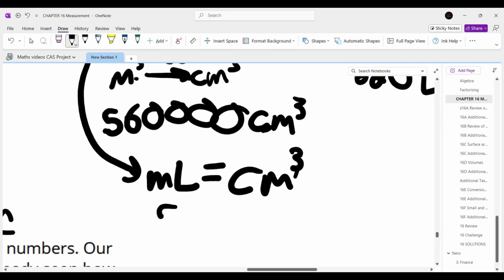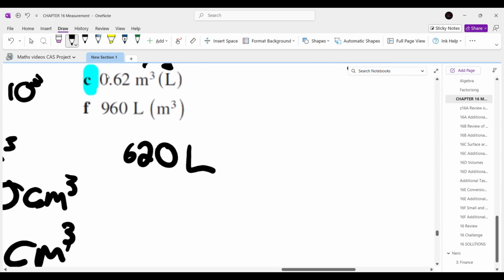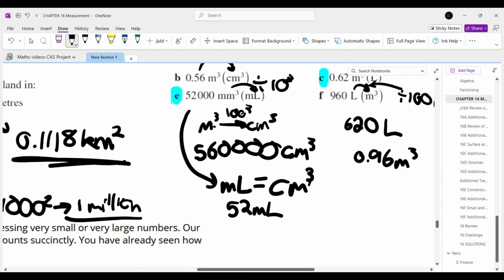So in terms of milliliters, we have 52 milliliters from 52,000 millimeters cubed. And finally, converting liters to meters cubed is just dividing by 1,000. So we just have 0.96 meters cubed.